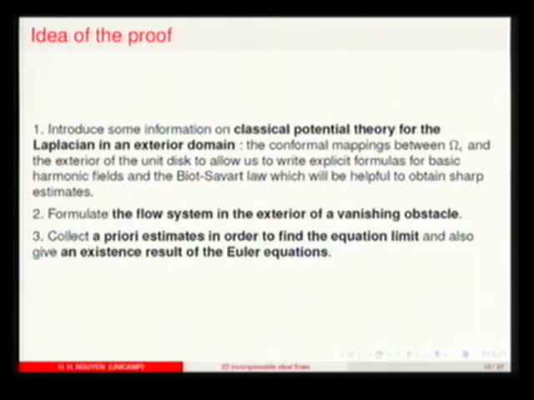And we can write the explicit formulas for the harmonic fields and the Biot-Savart law. After, we will formulate the flow system in the exterior of the vanishing obstacle. And we will do some a priori estimates, and after we pass to the limit to get the limit equation.